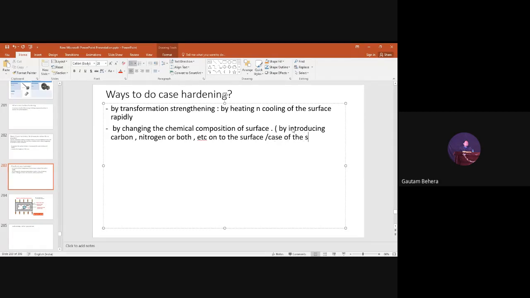So by introducing carbon or some nitrogen onto the surface of the steel, we can increase the hardness or strength of the surface only. This is not in your syllabus, but the other part is there in your syllabus.